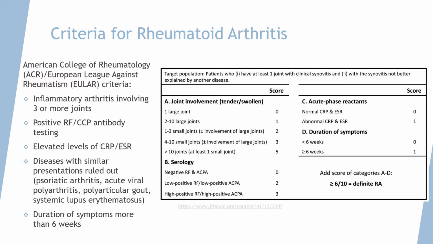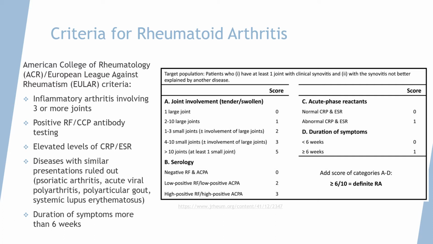There has to be caution, though, because rheumatoid arthritis can be similar in presentation to other inflammatory diseases like psoriatic arthritis, acute viral polyarthritis, polyarticular gout, and lupus.